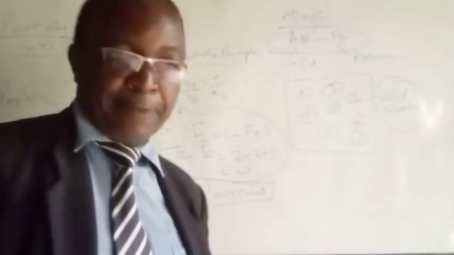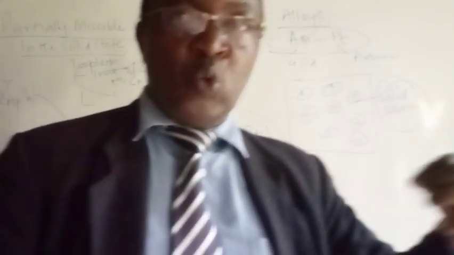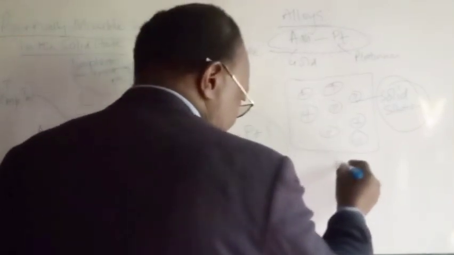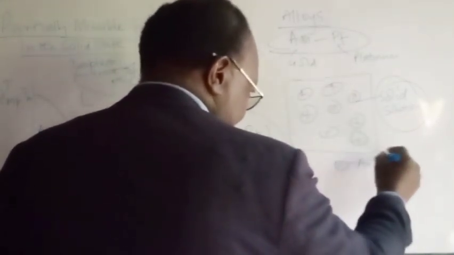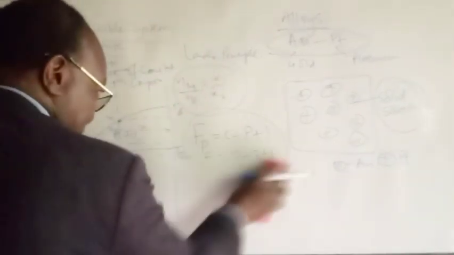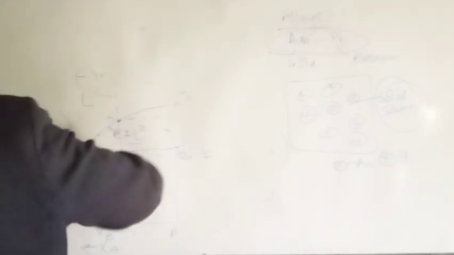So what does that mean? We form solid solutions. Let's just say that is gold, and let's just say that is platinum. They form solid solutions. Now, what kind of profile will you expect? The kind of profile which you expect for these alloys is very simple.